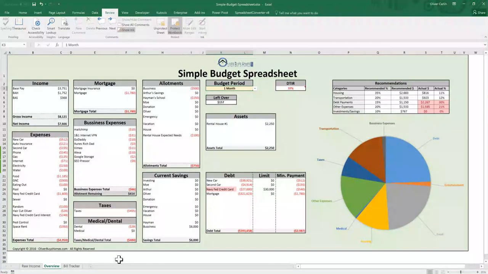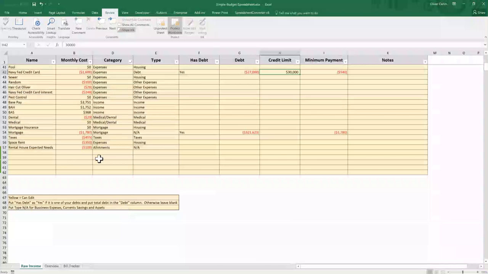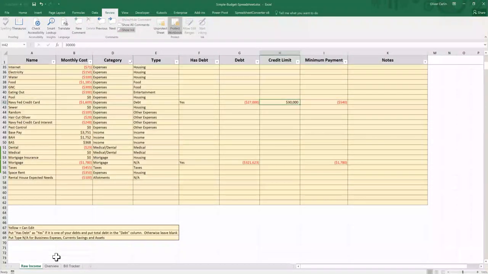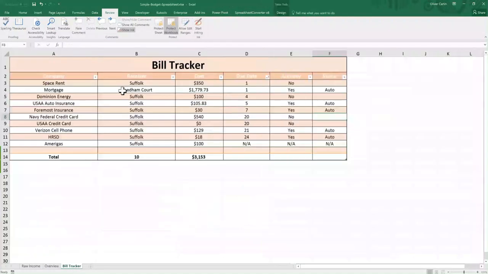The last thing I'll show you here, so basically, just go into your raw income, get all your numbers, plug them in, follow what I tell you to do in this video, take a look at your overview to see how everything is going, if you have any red flags or whatever. And the bill tracker. Yeah, the bill tracker is just kind of a bonus I threw in there.